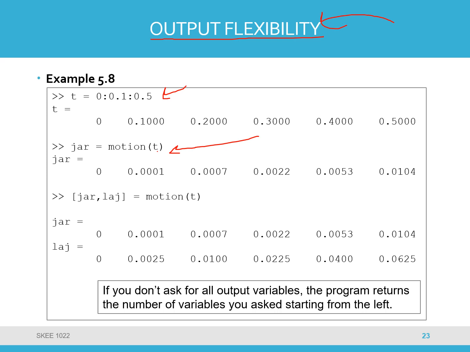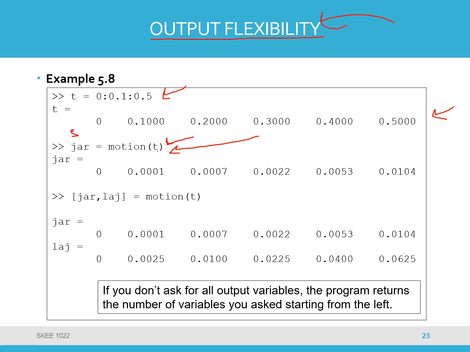Before this, I showed you the for loop, but you can also use this one: a vector of t. You create a vector of t, you just insert the vector and automatically the formula can run it.